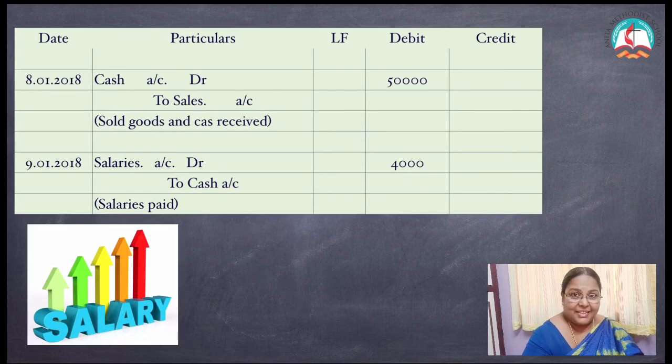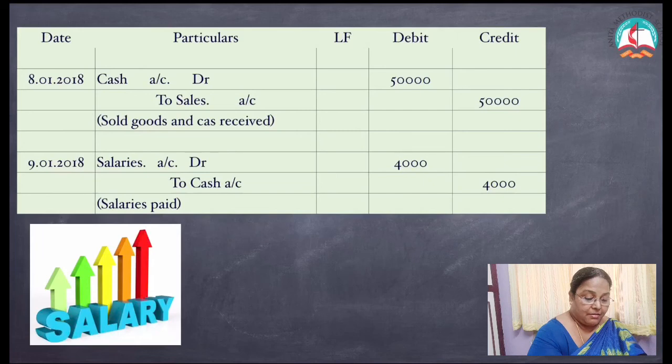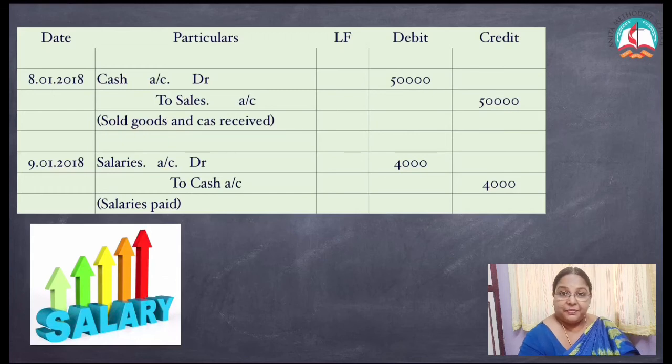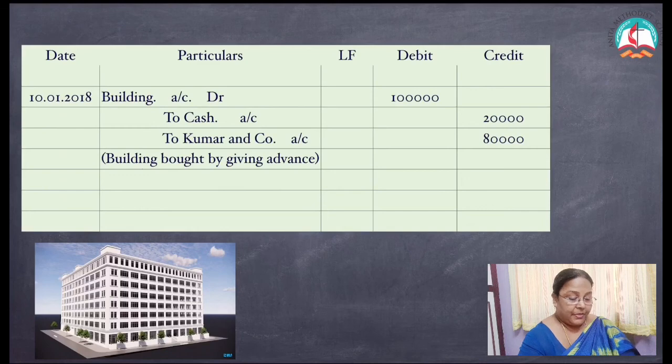What is missing here? Yes, the amount in the credit column. 50,000, 4,000. Okay. Always the debit and the credit column should be equal. Last one.